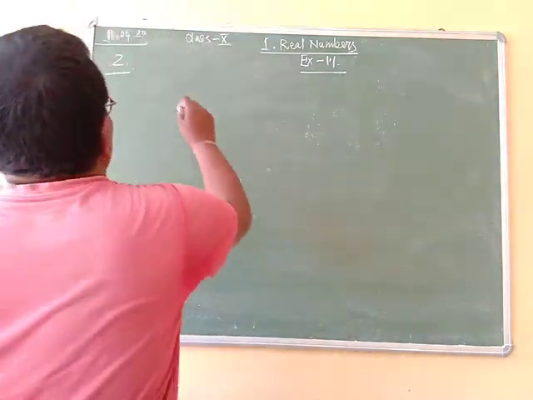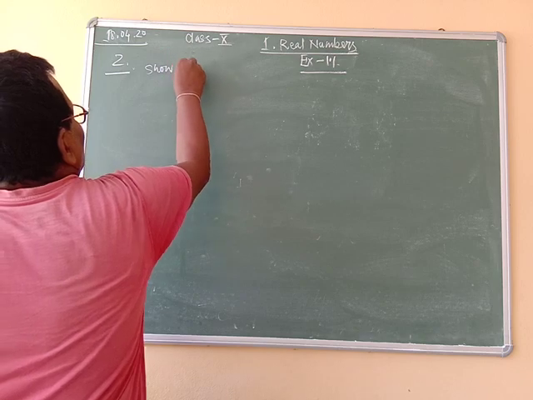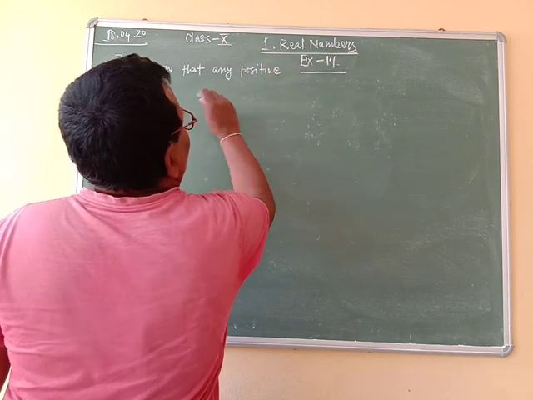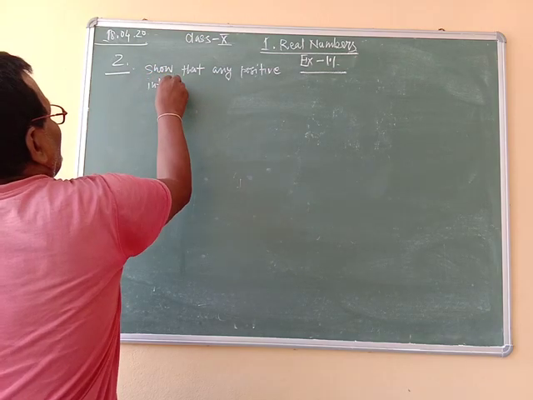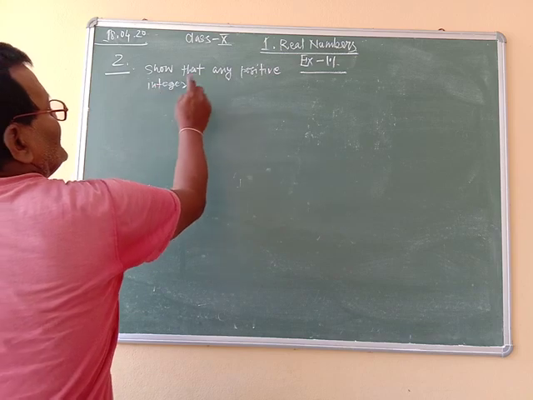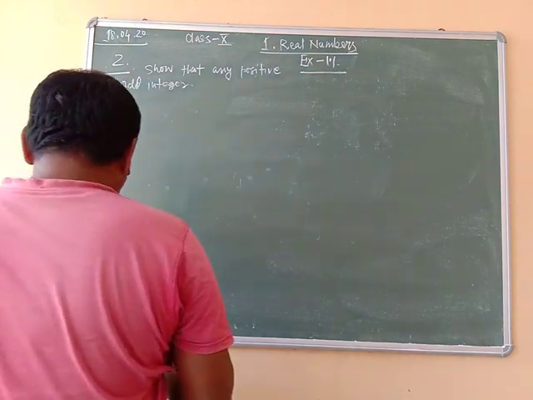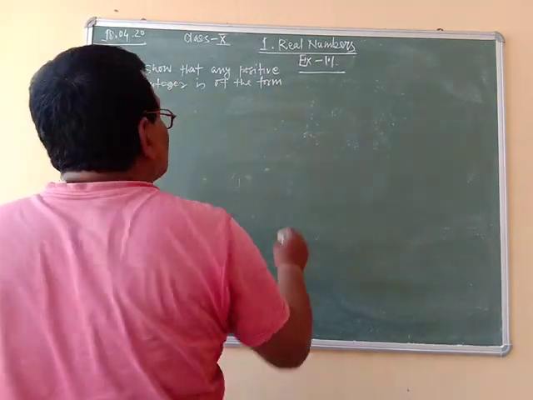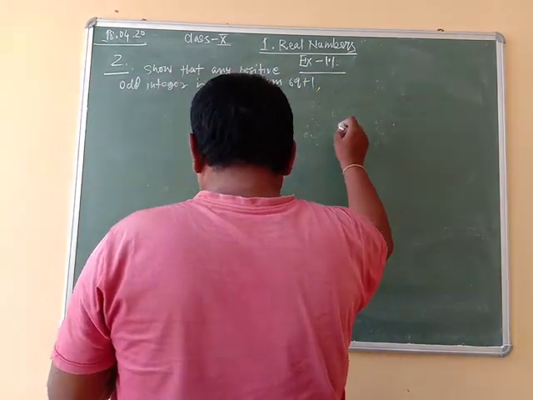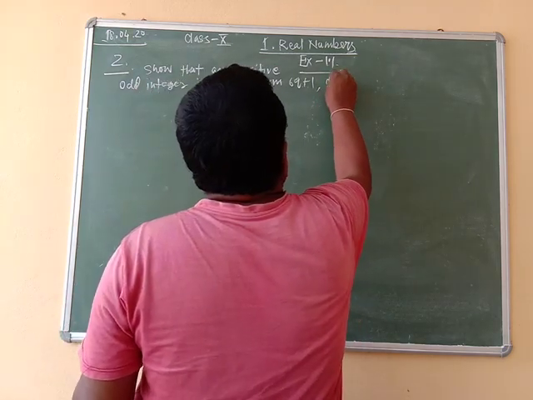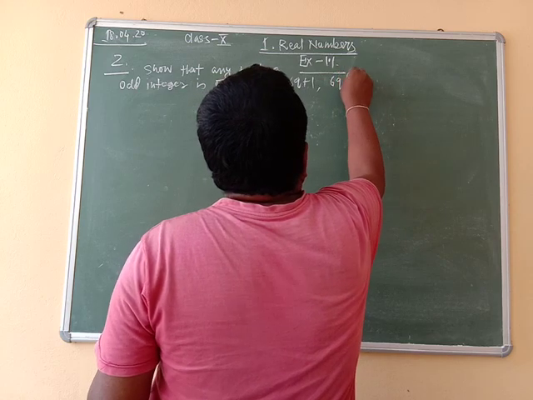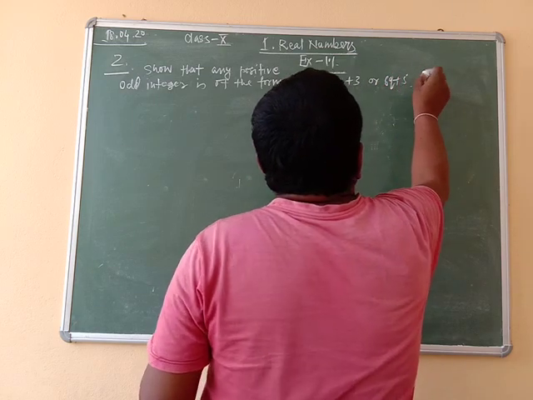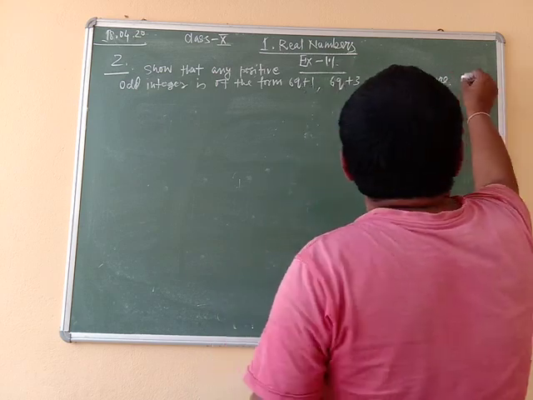I am writing question number 2: any positive odd integer is of the form 6q plus 1, 6q plus 3 or 6q plus 5, where q is some integer.